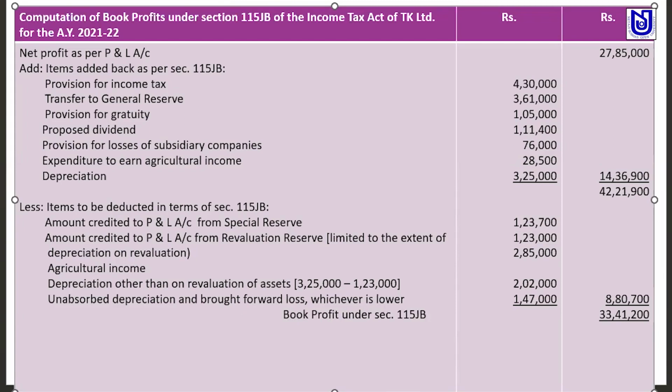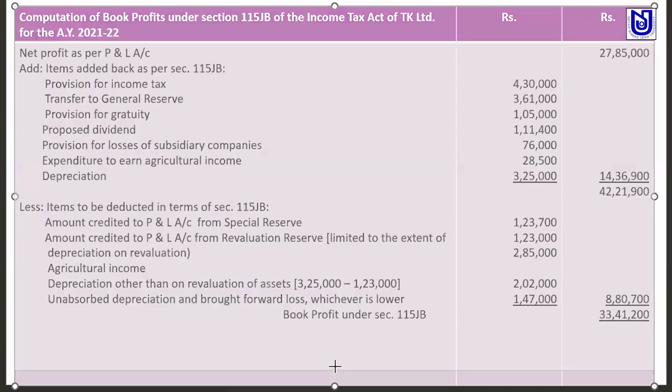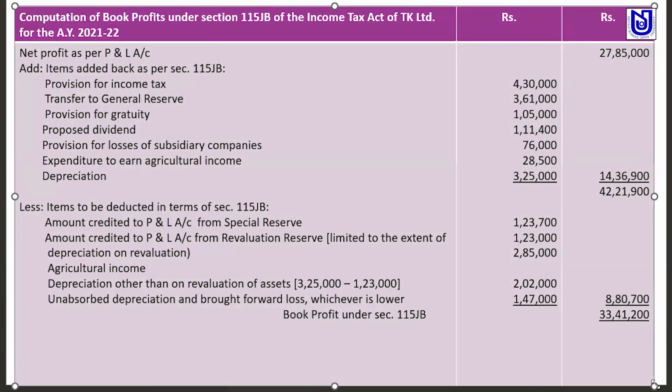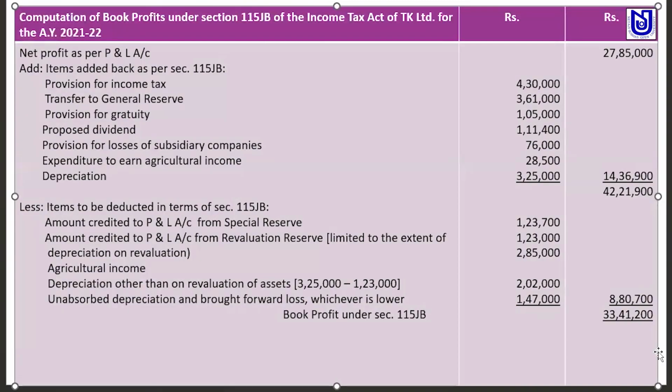This is the ideology of how, from the net profit shown in the P&L account, we can compute book profit under section 115JB of the Income Tax Act. Some items are to be added back, some items are to be deducted, depending upon the detailed discussion made in page number 18 and 19.